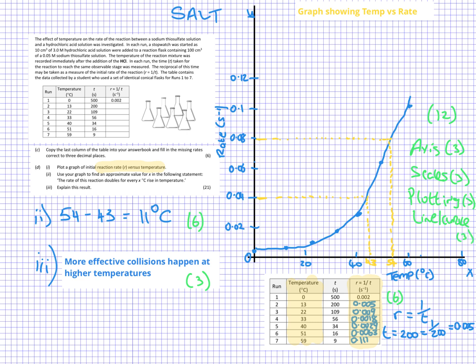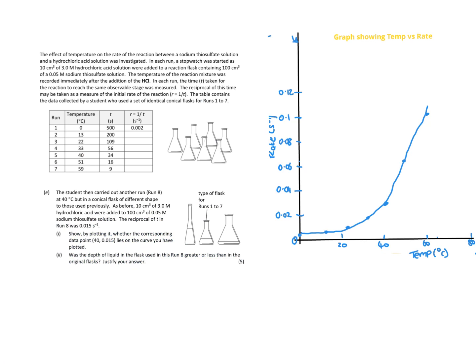So lots of marks there going for your graph. And just to be aware that you would lose 3 marks for not using graph paper. So if you don't use graph paper in your exam, you are at risk of losing 3 marks for that question. So let's take a look at part E.